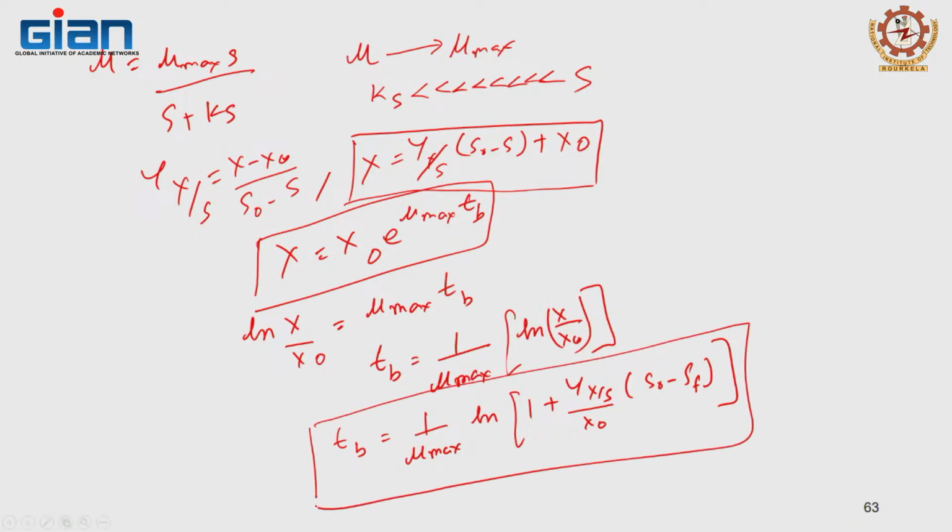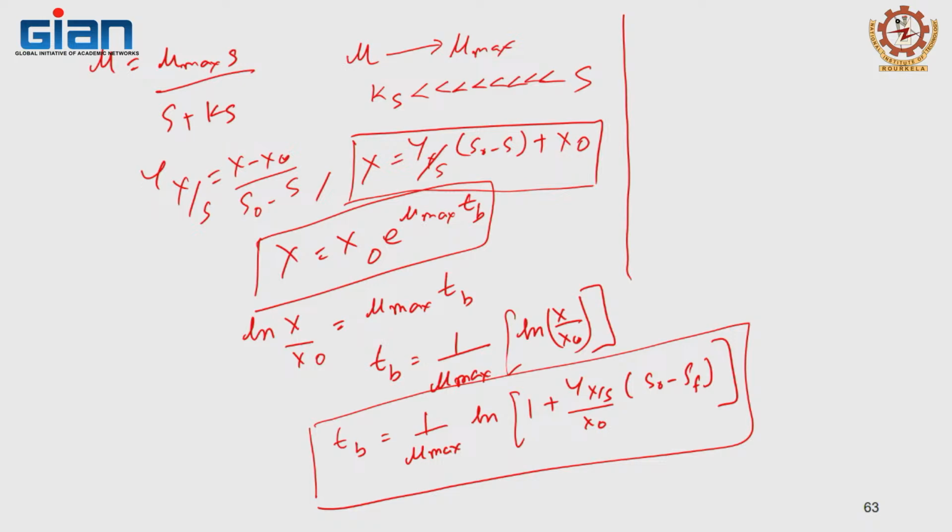So, this is how we will estimate the value of T b. Now, what are the parameters, what are the values that are provided to us in this particular question?